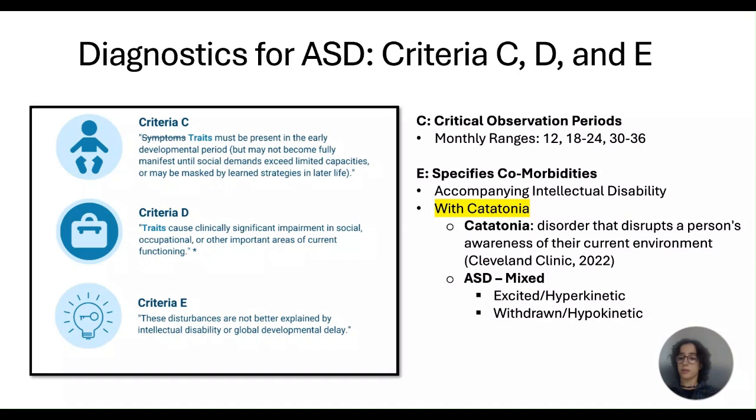For children who have autism, this can be expressed in a mixed format, which means, for example, a child with autism could be expressing the hyperkinetic behavior of aggression, or they could be expressing the hypokinetic behavior of just not interacting with the environment at all, refusing to speak, little to no facial expression whatsoever.